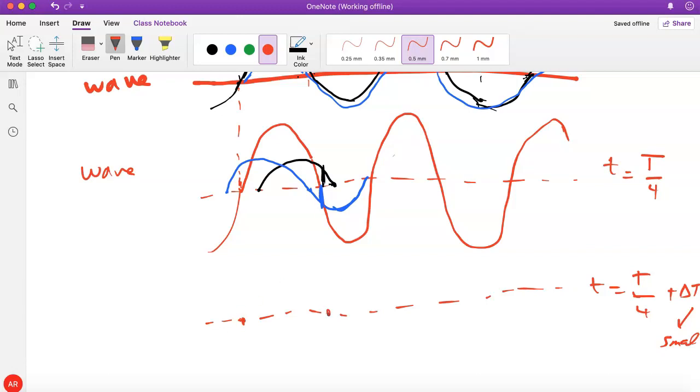Again, the nodes will stay the same, the places where the displacement is 0. And now somehow we have a smaller amplitude. So that's really the fate of this. You have this thing and then it becomes flat and then later it goes down, all the way to this maximum amplitude, then begins to come back up again.